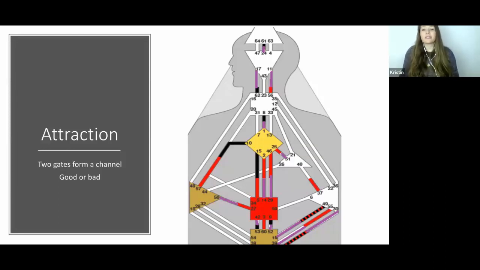So if you look at the solar plexus, it's open. Okay, and the open solar plexus is not designed to hold on to emotional energy. It's designed to be wise about it and understand it. But if it's holding on to emotional energy for too long, then it starts becoming codependent.